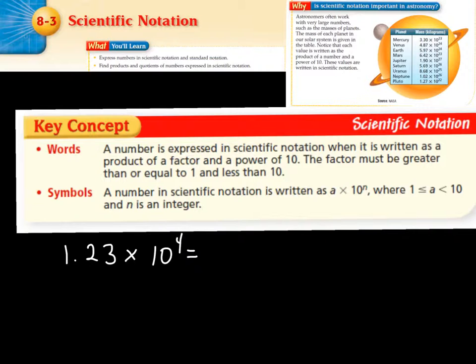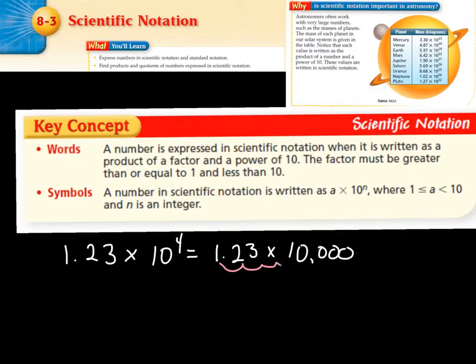1.23 times 10 to the fourth is written in scientific notation. If we wanted to move it back to standard notation, 10 to the fourth would be the same as 10,000, 4 zeros there. When we multiply by a power of 10, we move our decimal 4 places to the right. So I'm going to move it 1, 2 to get to the end of the 3.